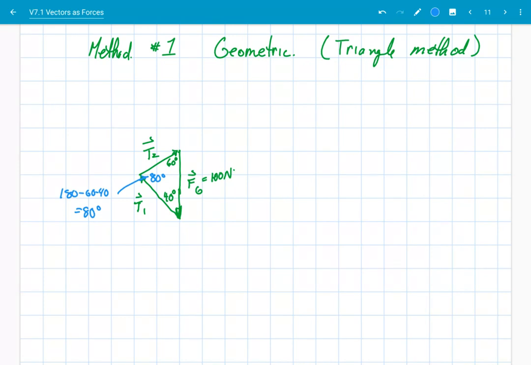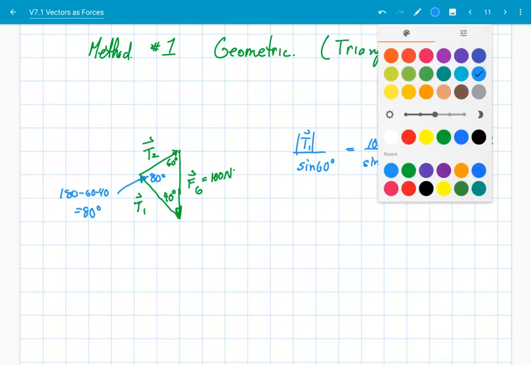Magnitude of tension 1 over the sine of 60 is equal to 100 over the sine of 80. And the magnitude of T1 is 87.9 newtons.